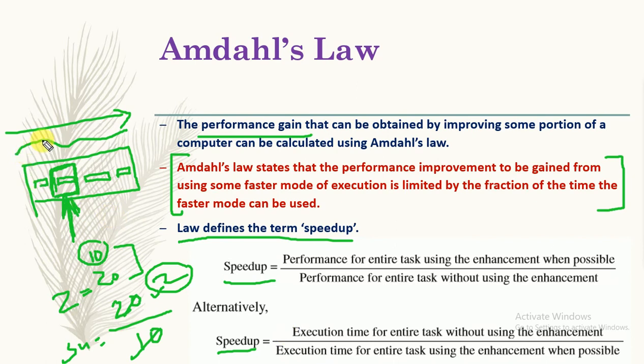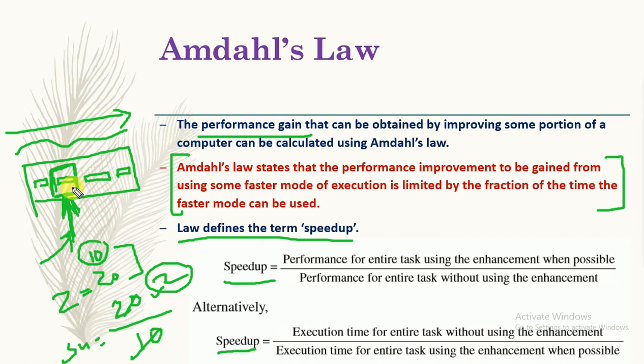So the performance gain is due to some enhancement added into some portion of the computer system. So where are we giving the enhancement? We are giving enhancement to the common case, the frequent case, so that the gain can be improved.